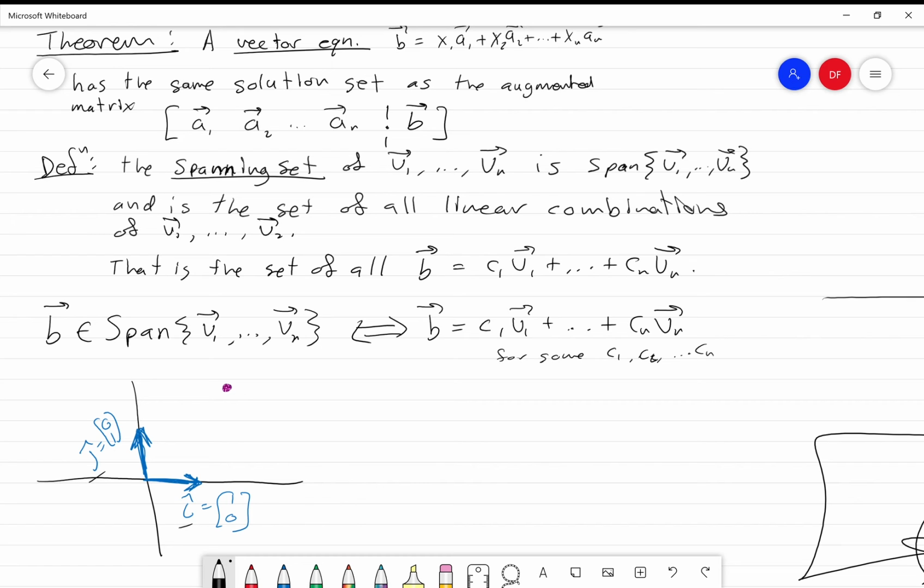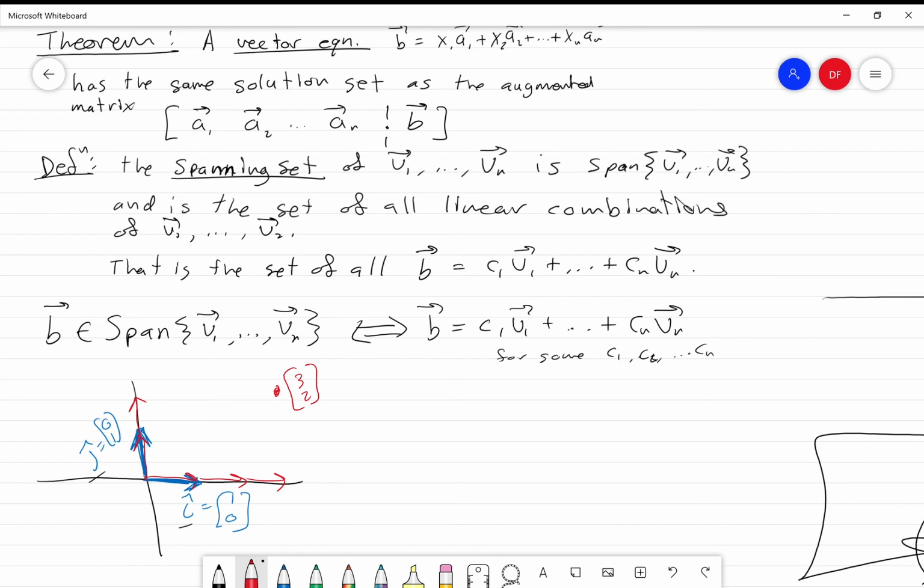Okay, so in this case, if I have this here, which is (3, 2), well, this vector is nothing more than just 3 times i hat plus 2 times j hat.